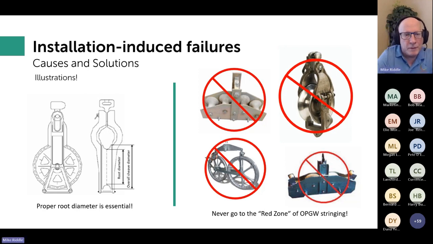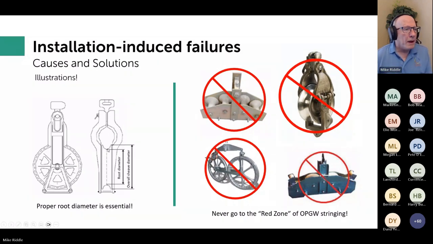But in my view, there's still individual blocks, just one on one side of the structure and one on the other side of the structure, so that the cable can physically traverse through the structure itself. And then this key takeaway here is this root diameter that you see in the illustration here. That's what you've got to focus on.